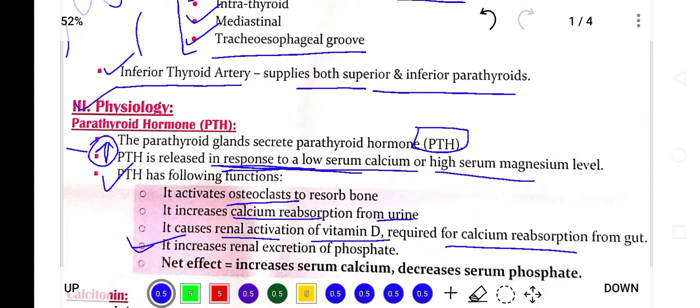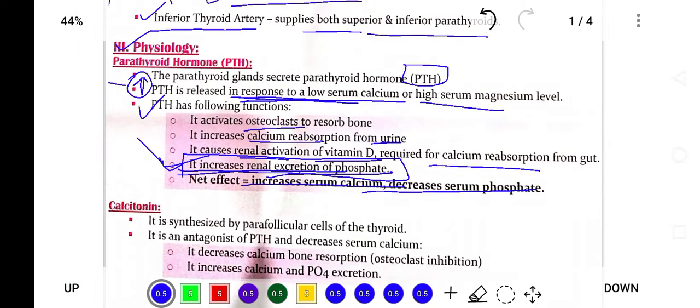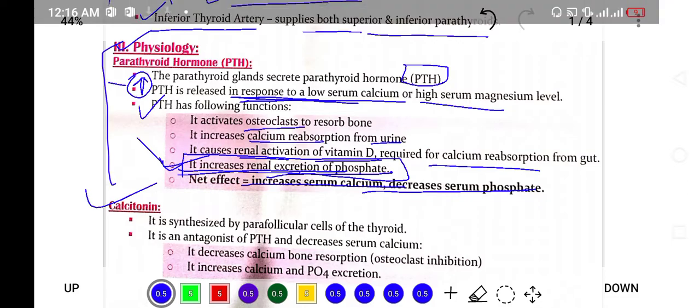So increased parathyroid hormone causes increased excretion of phosphate from the kidney. The net effect increases serum calcium and decreases serum phosphate. So this is the physiology of the parathyroid gland.